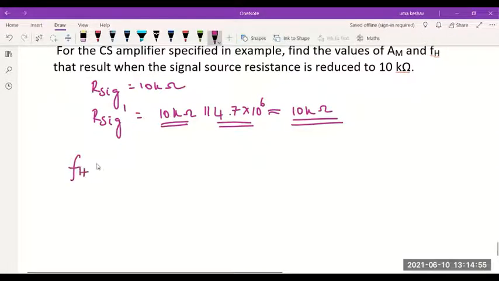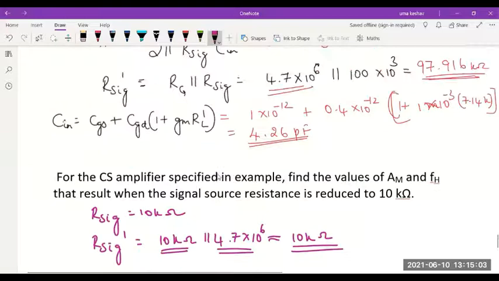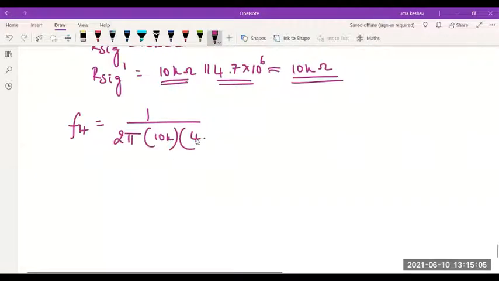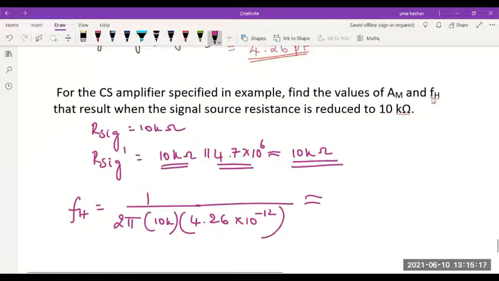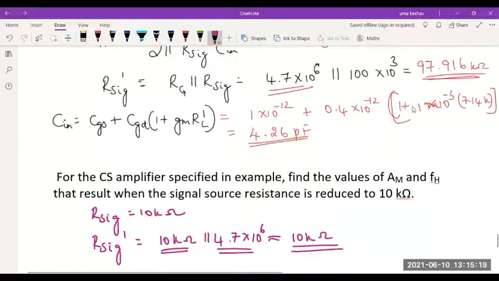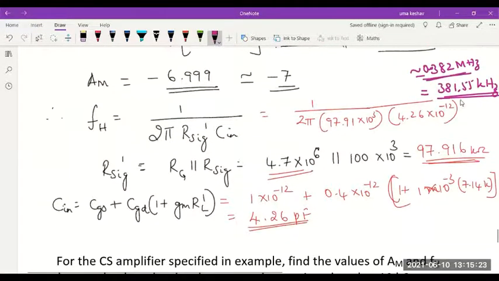Just check what will happen to FH. 4.26 pico, no? So here the divide by factor was higher, here it's lesser. So the cutoff frequency should increase at least 10 times.